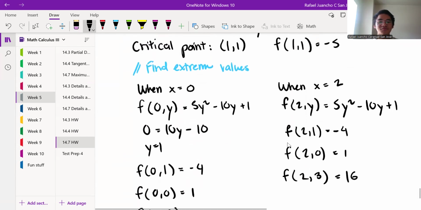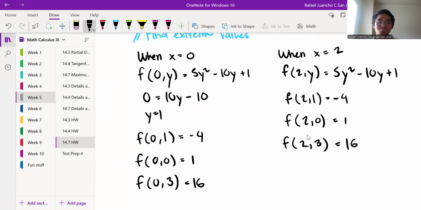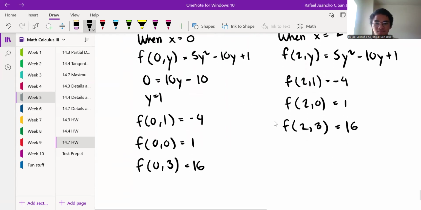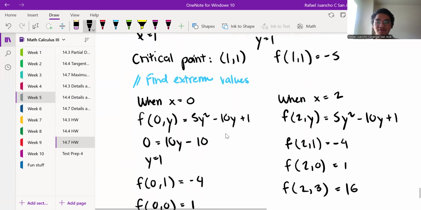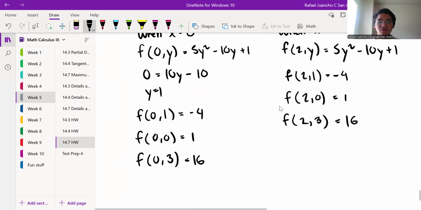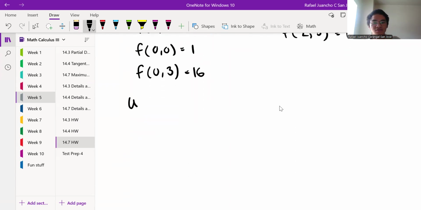So there is some sort of pattern here. Okay. And then from there, those are our extreme values, the endpoints, the minimum, the maximum. Okay. Now let's look at when y is 0 and when y is 3.